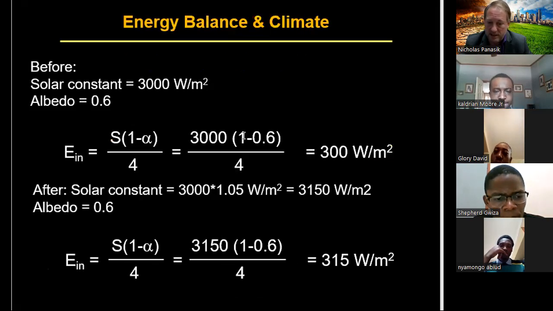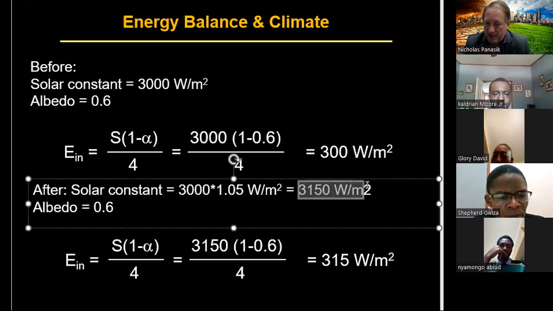Before we calculated that the amount of energy coming in was 300 watts per meter squared based on the albedo and the solar constant. But now our solar constant has changed. It's increased by 5%. So I'm going to multiply it by 1.05. And so our new amount of energy coming in is 3150.